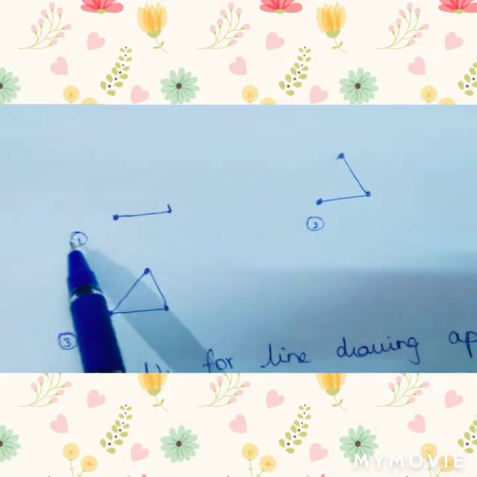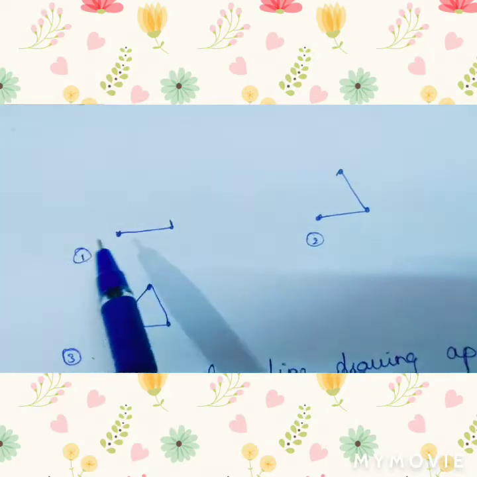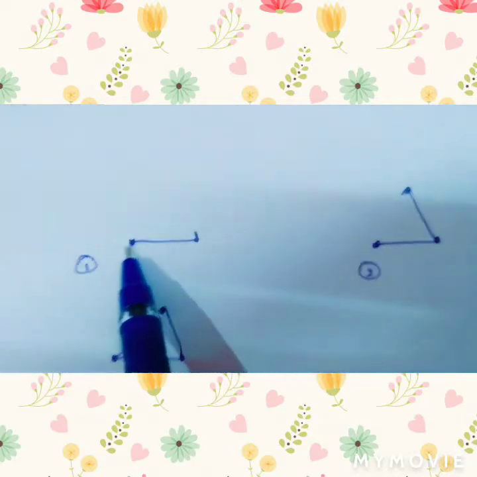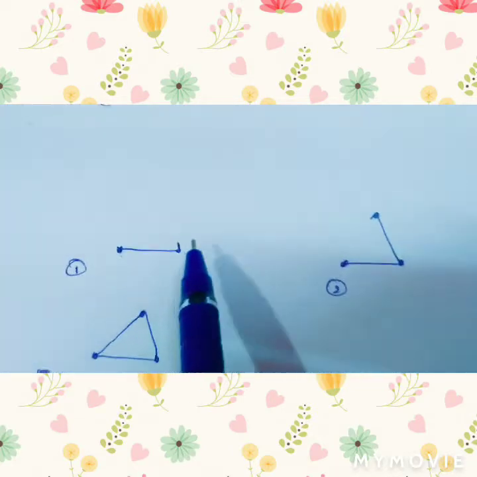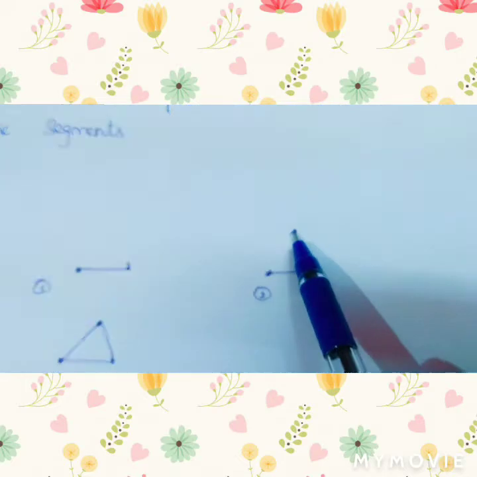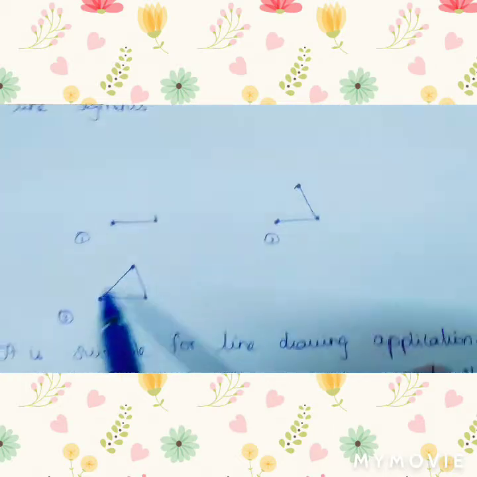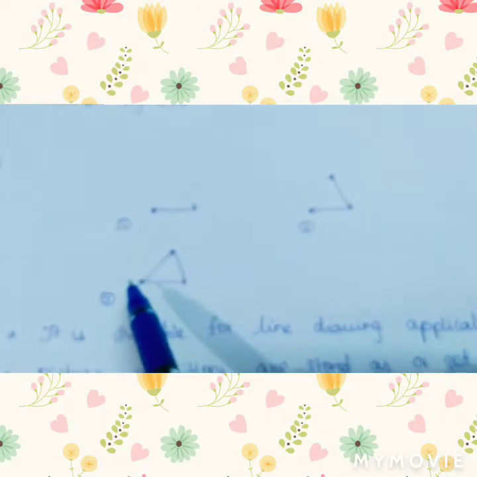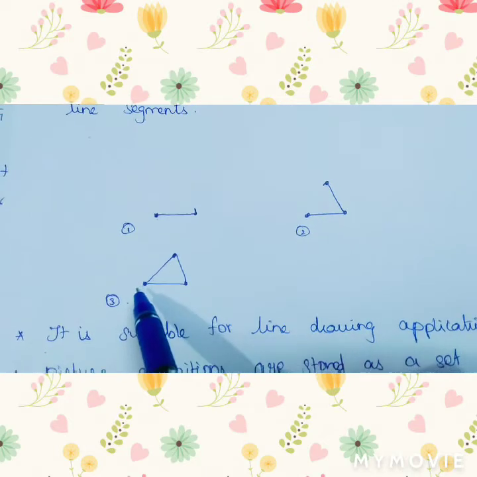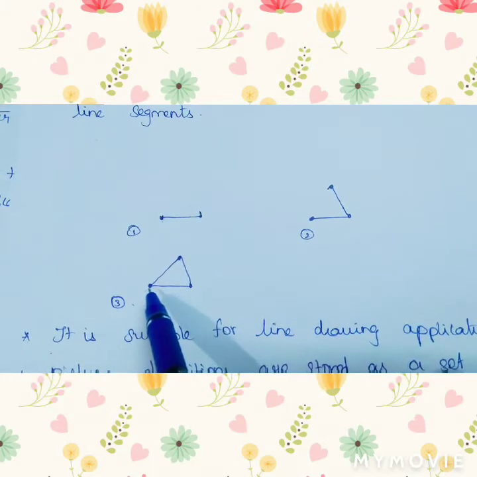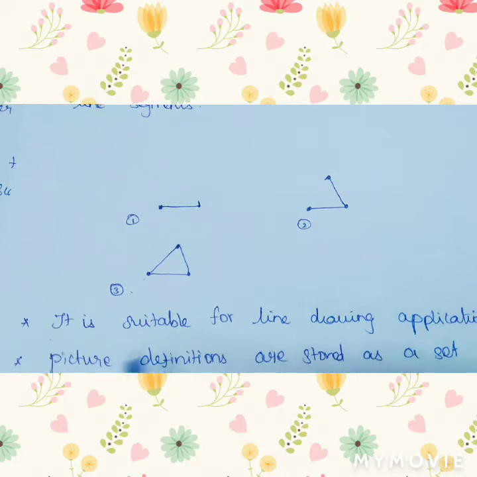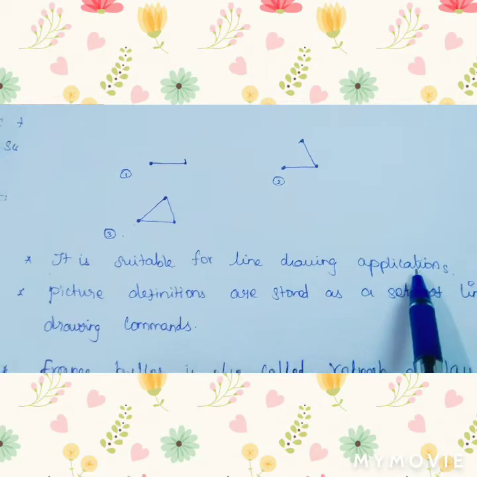For example, first the beam passes from this to this. Next it will move here, next it will move here. So wherever the images are present, the beam will pass to that position only. So it is suitable for line drawing applications.